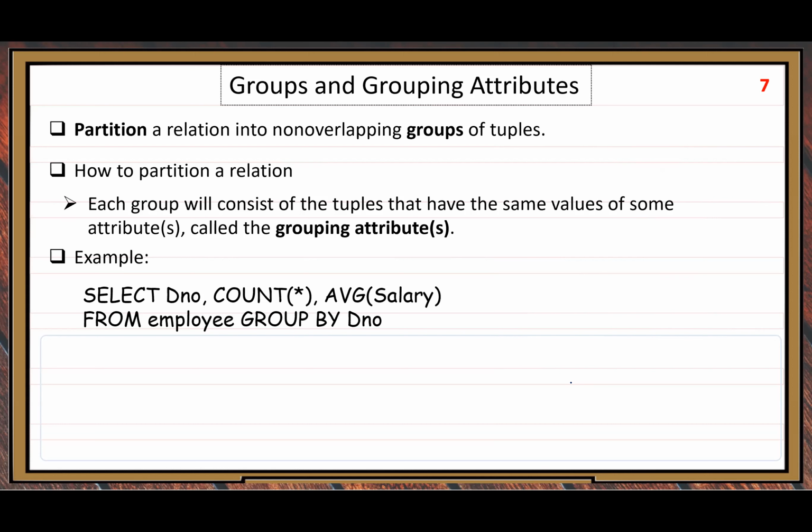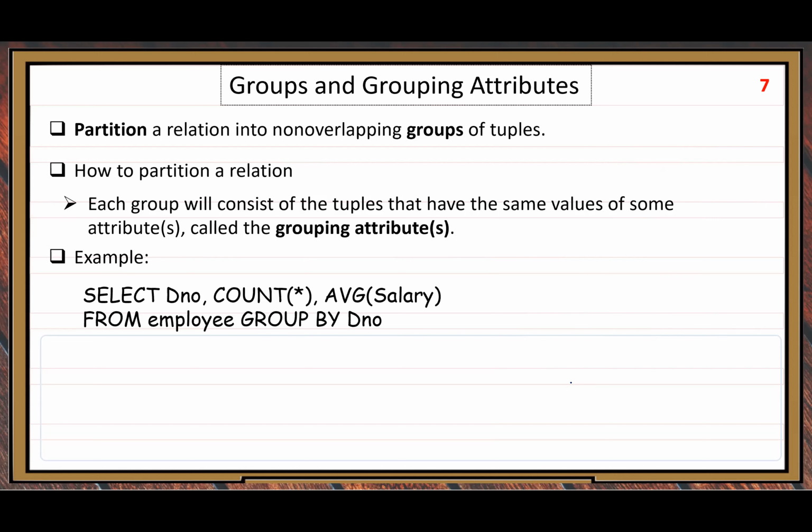Each department number is treated as one subgroup. First, you count the number of employees in each department, then calculate the average salary for that department.